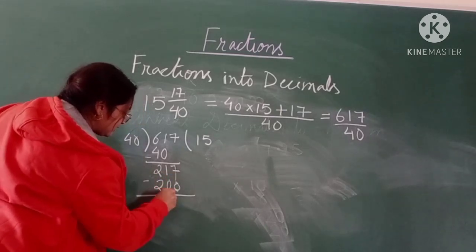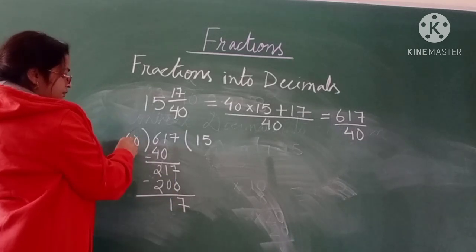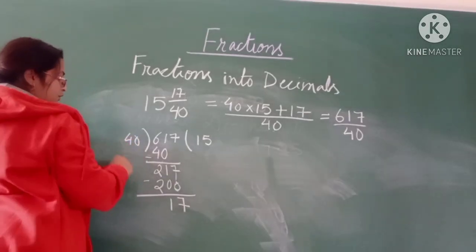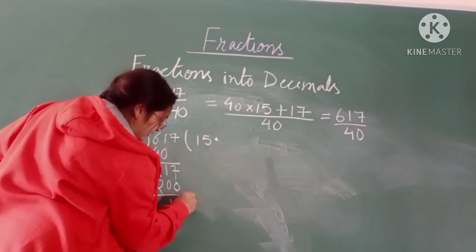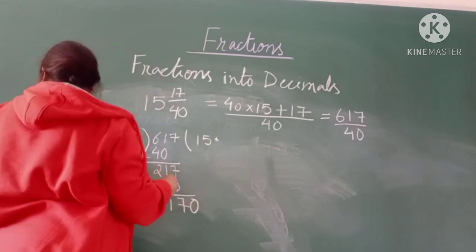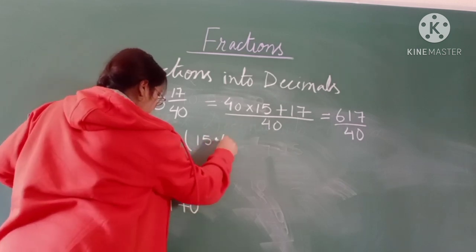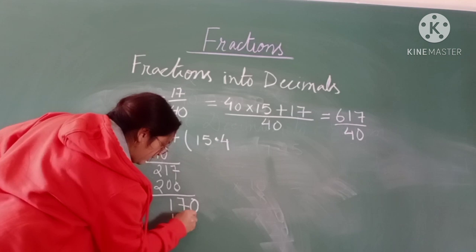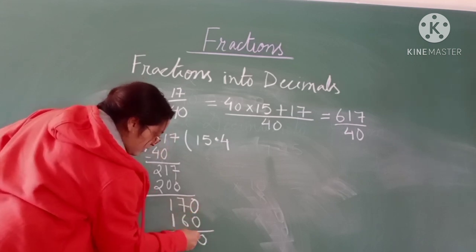Now what do we get as a remainder? We have 17, and 17 is not divisible by 40. So what will we do? We will take a decimal over here, and we will get a 0 over here. So 40 times 4 is 160. 0, 7 minus 6, 1.